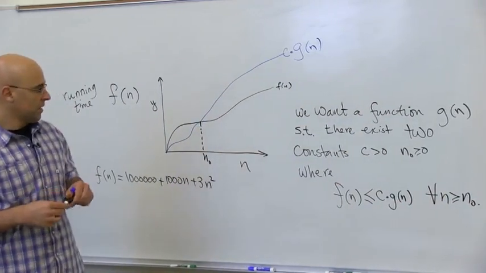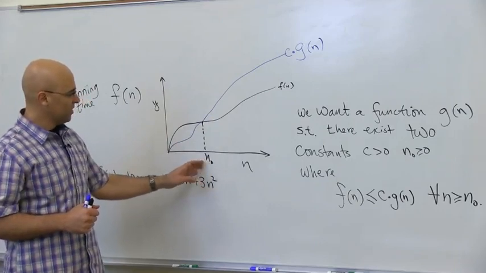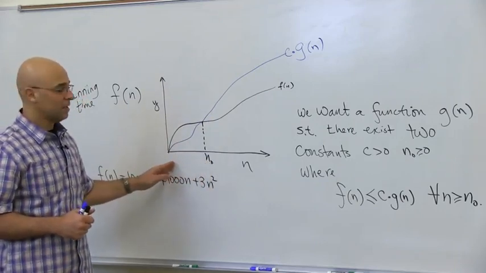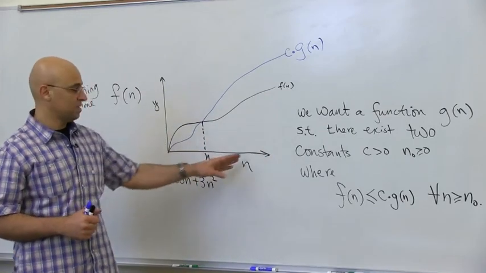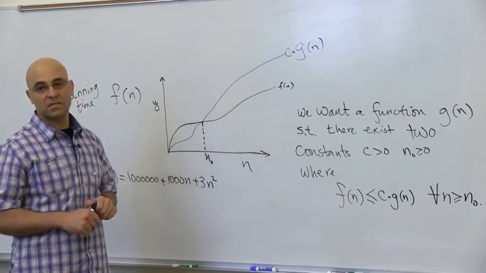Okay? Again, if we look at this picture here, it shows clearly that if you ignore all the values of n that are smaller than n0, and just focus on values of n greater than or equal to n0, you will notice that f of n is always smaller than c times g of n.